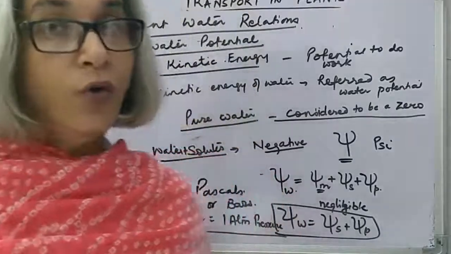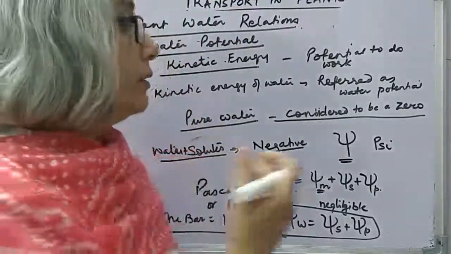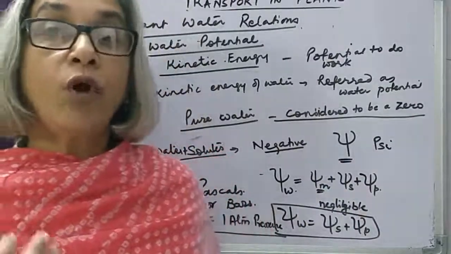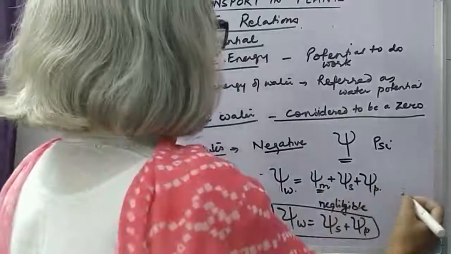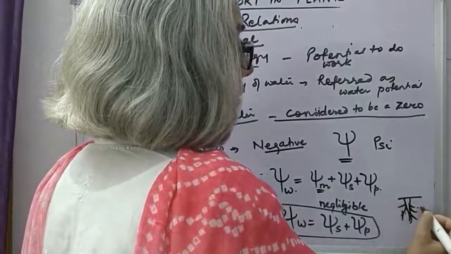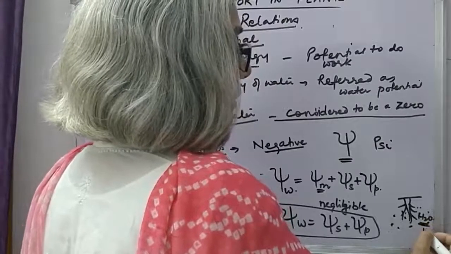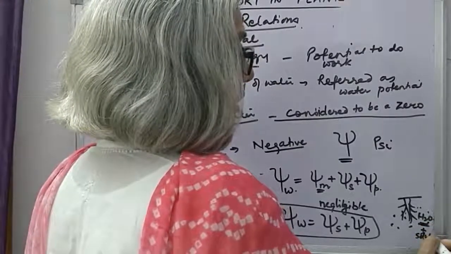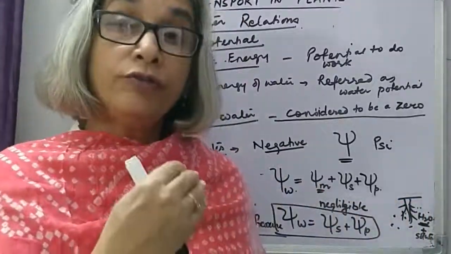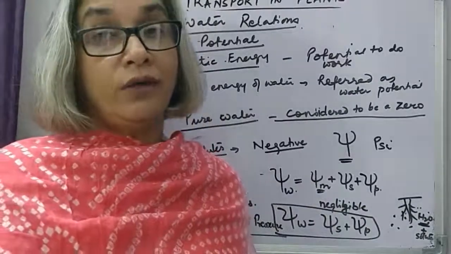Now, I hope you have understood what is water potential, because we will see that water moves in a plant on the basis of water potential. Now, in the diagram that I had drawn earlier, this is the root, these are soil particles, water is present here. Water has minerals dissolved in it and we call them solutes. Now the concentration of the cell sap is much more than the surrounding water.